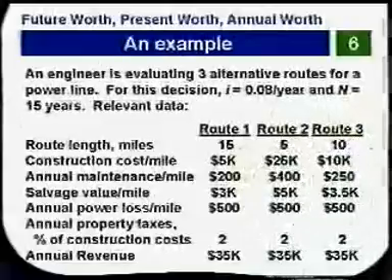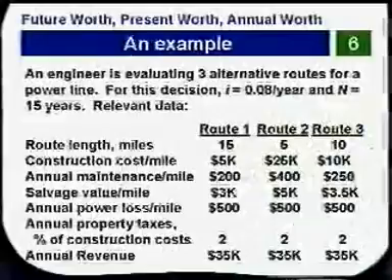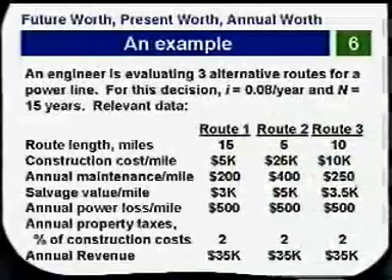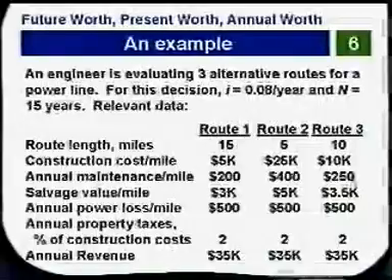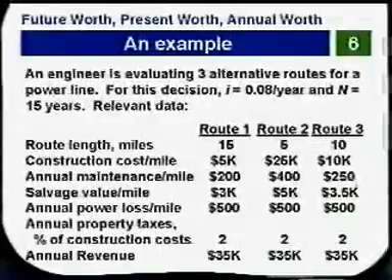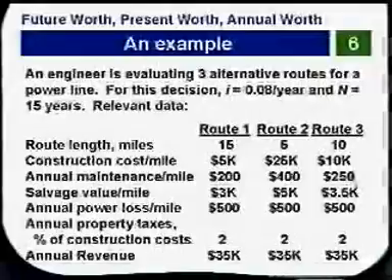The first route, the length of that route is 15 miles. For Route 2, it is 5 miles, and for Route 3, it is 10 miles. The cost of construction per mile for each route is also shown. It's $5,000 per mile for Route 1, $25,000 per mile for Route 2, and $10,000 per mile for Route 3.